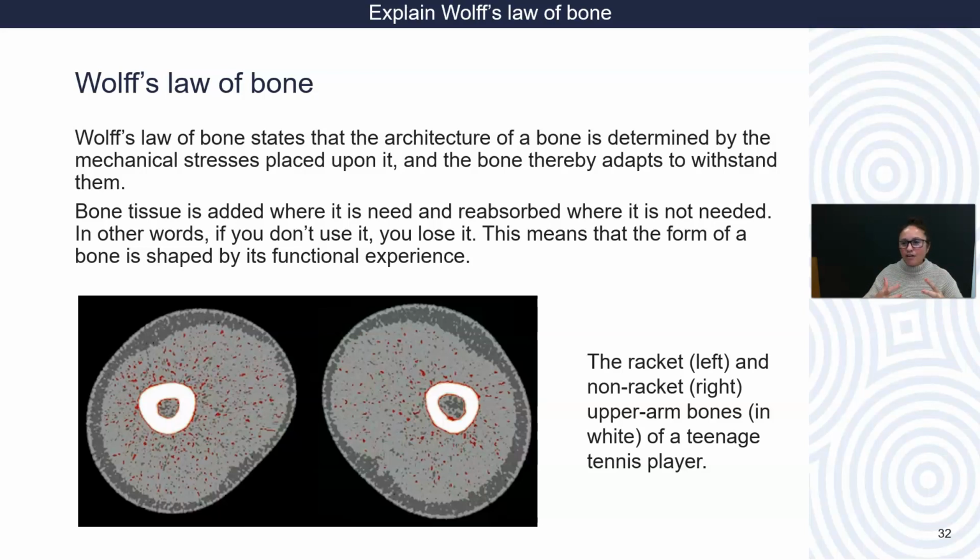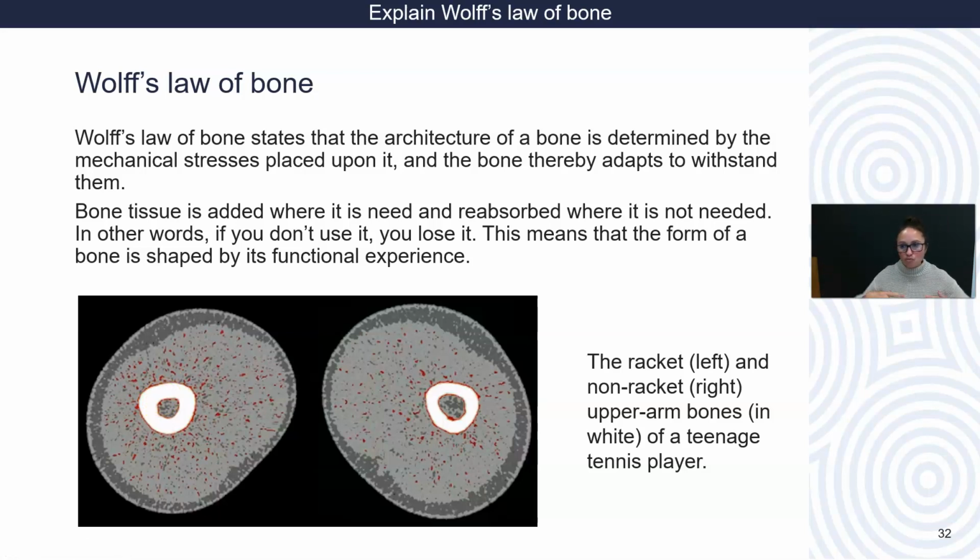So for example, here we go. These are two arms of a tennis player. Now, one holds the racket, this one, and this one doesn't hold the racket. Can you see here, this bone is used a lot. He's going like that all the time. So that bone is going to adapt.